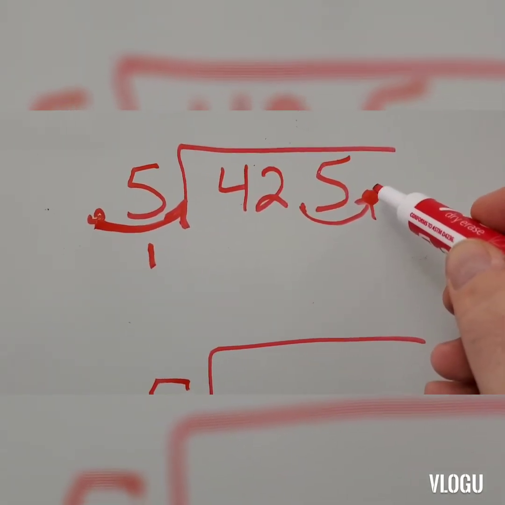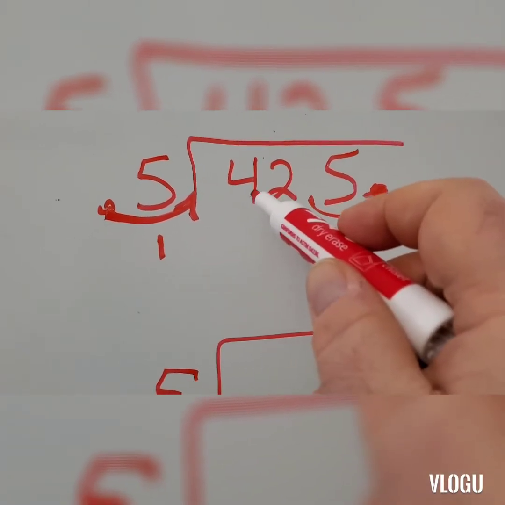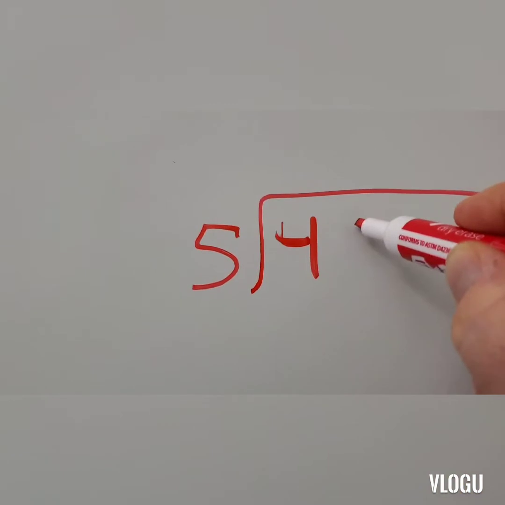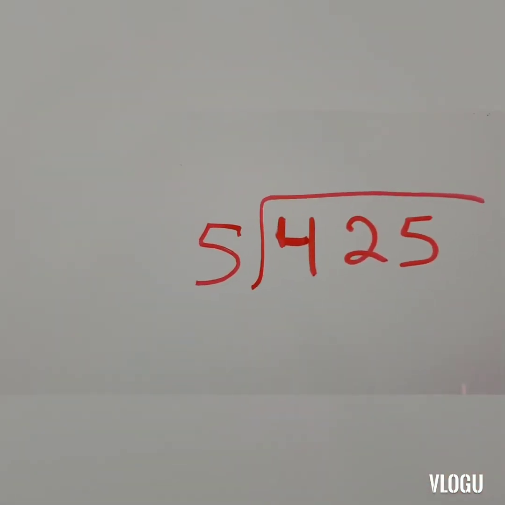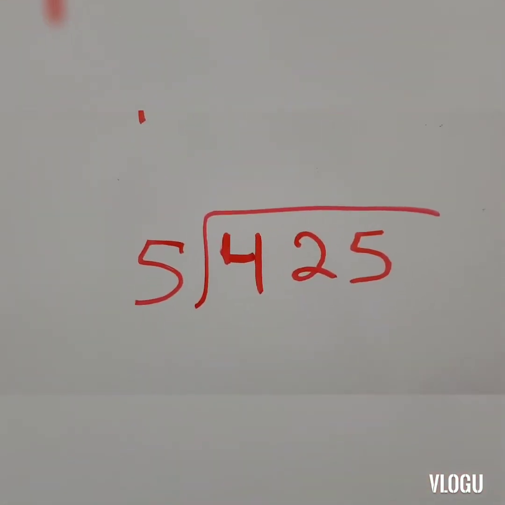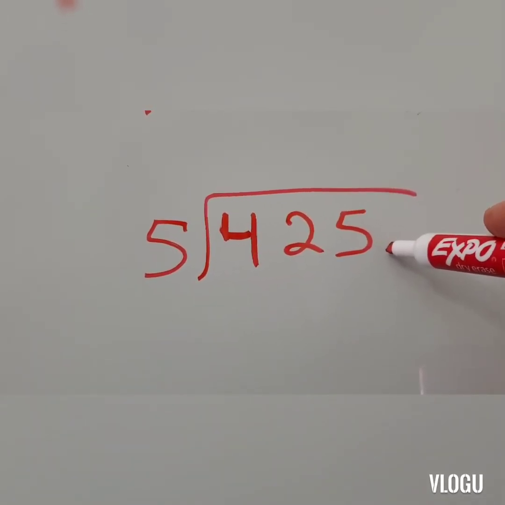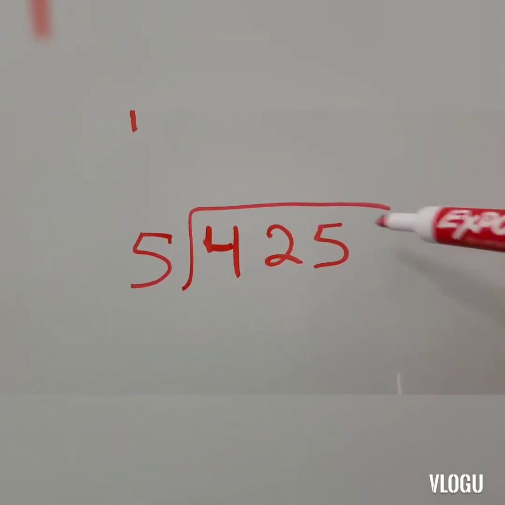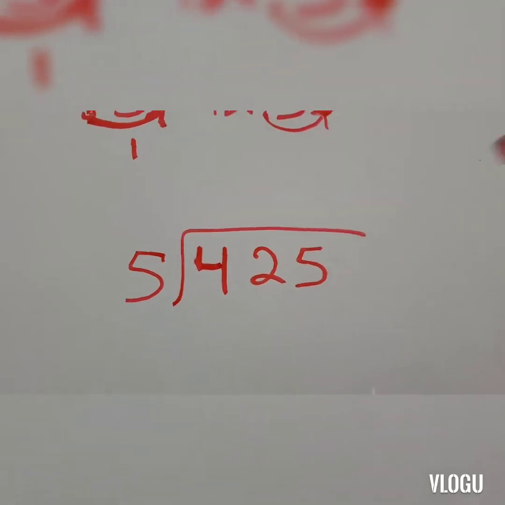And that's where that lives. Now, if the decimal lives here, my 42.5 has just become 425. That's it. I'm done with the decimals. The decimal now lives here. I don't have to show it unless I have to add zeros to extend the problem to get rid of remainders.